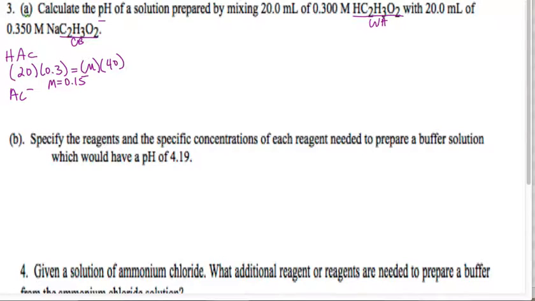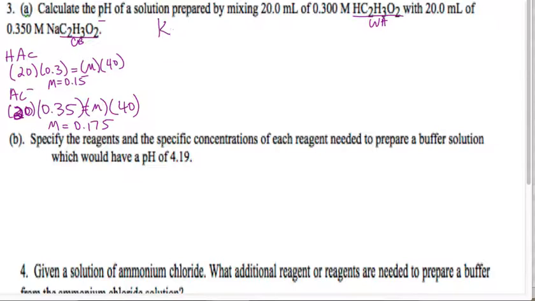And if I have Ac minus, I have 20 mL of 0.35 molar. What's the molarity when I have a total of 40 mL? 0.175. So those are my two concentrations after the dilution. So now what do I do?